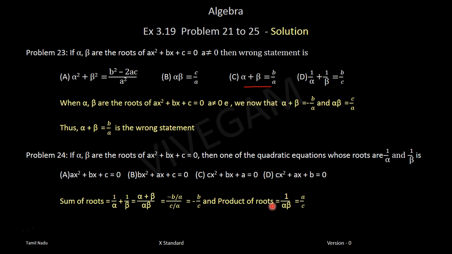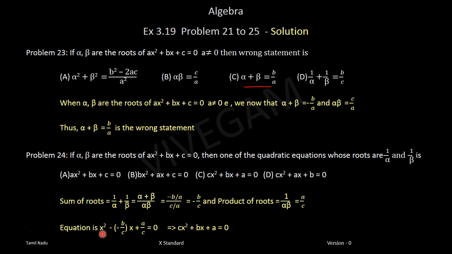And the product of the roots is 1 by alpha beta, and if you substitute alpha beta as c by a, on simplification this will become a by c. It's a fraction by fraction, right? Now we have the sum of the roots and the product of the roots. Therefore, the equation is x square minus sum of the roots into x plus product of the roots equal to 0. So minus of minus will become plus, and you multiply both sides by c.